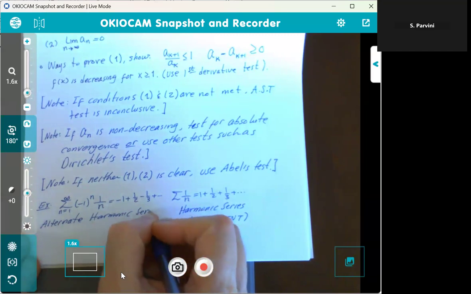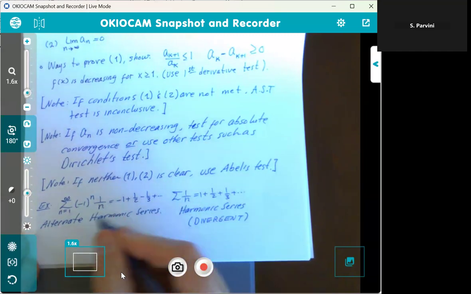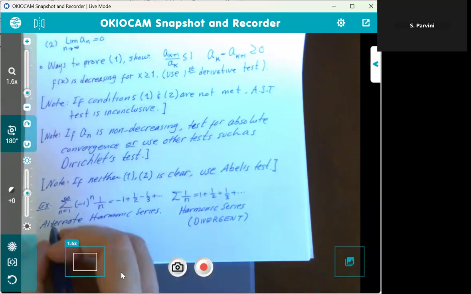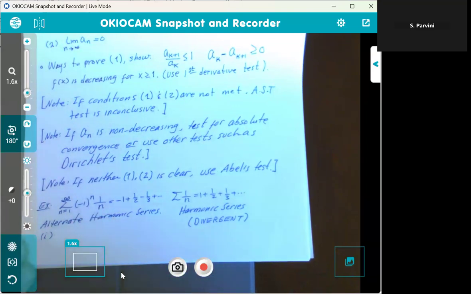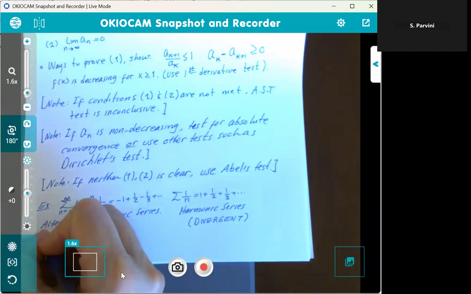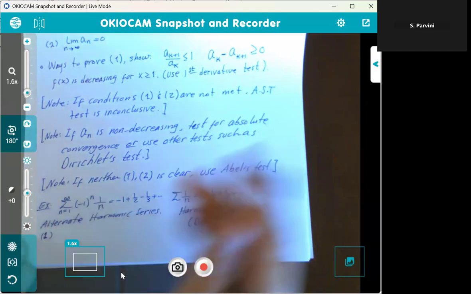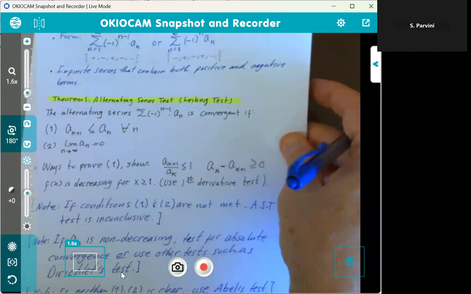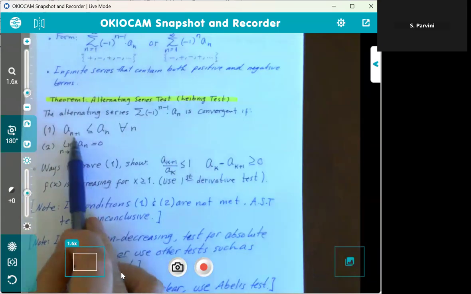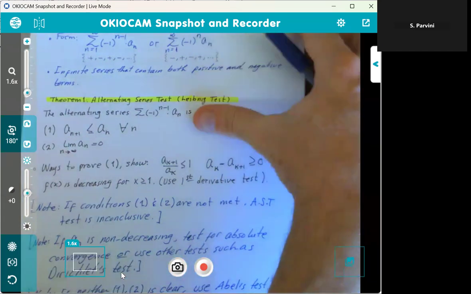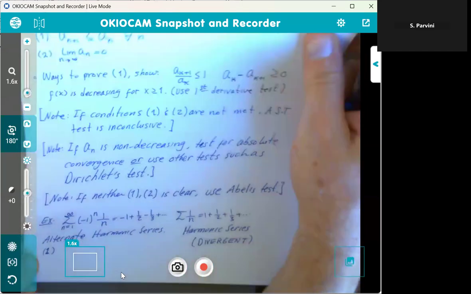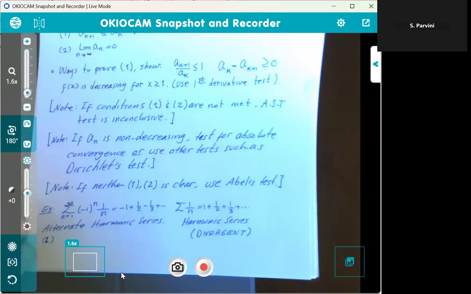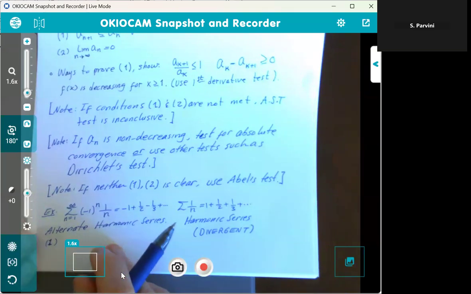Now let's establish convergence or divergence of this one. Item number one, to be consistent with up here. Remember up here, we need to show decreasing, and then we show the limit is 0. To show that this is decreasing, I can use the calculus method, the first derivative test.